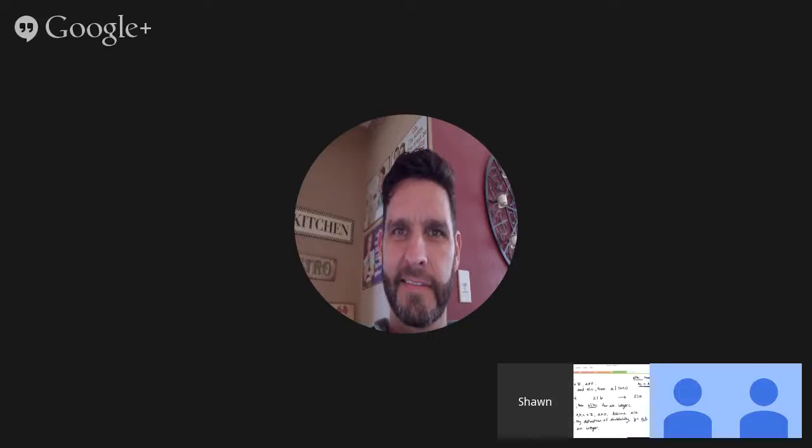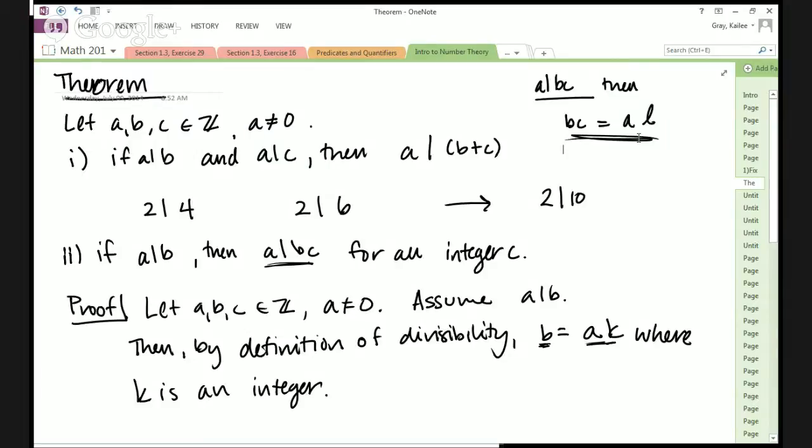Okay, well, we're talking that BC, no, A is a multiple of BC, right? That's what we're saying? Because it can be divided by A. So from this assumption here, we know that B is a multiple of A. And that's what we've written here.